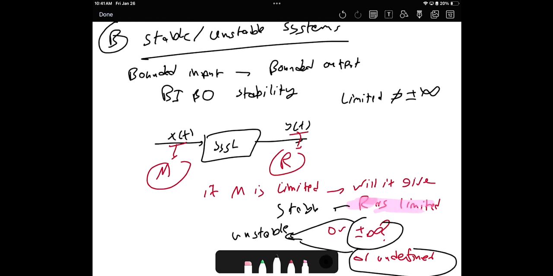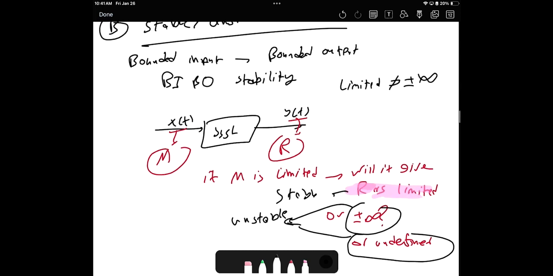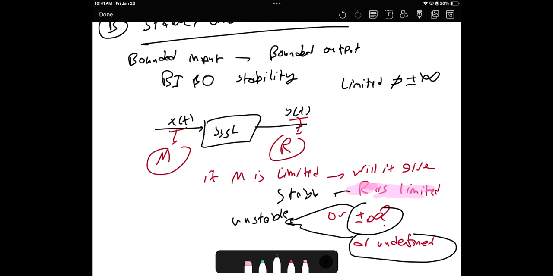Make sure that if we give good input, we get good output. As an example, when you drive a car, if you press the fuel pedal it will accelerate, and if you press the brake it will decelerate, right? This is a stable system.